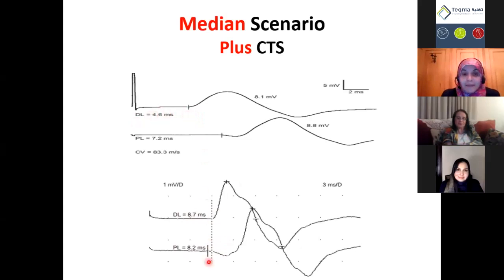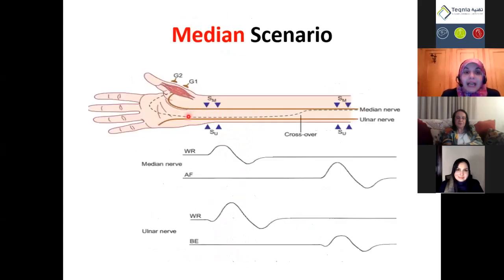It's not always the same. Sometimes you see just a positive dip. This is the positive dip first before. Why is this positive? Because the fibers which are not passing through the carpal tunnel reach faster and innervate all the ulnar muscles. They are far field muscles. So you get a positive potential before the one.